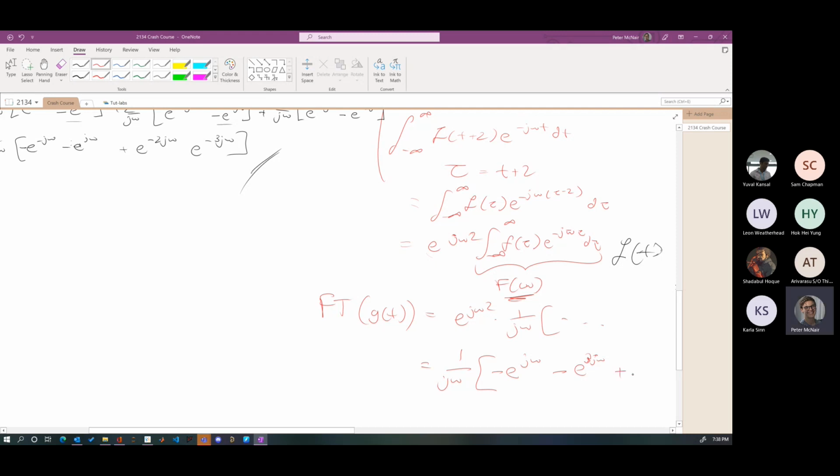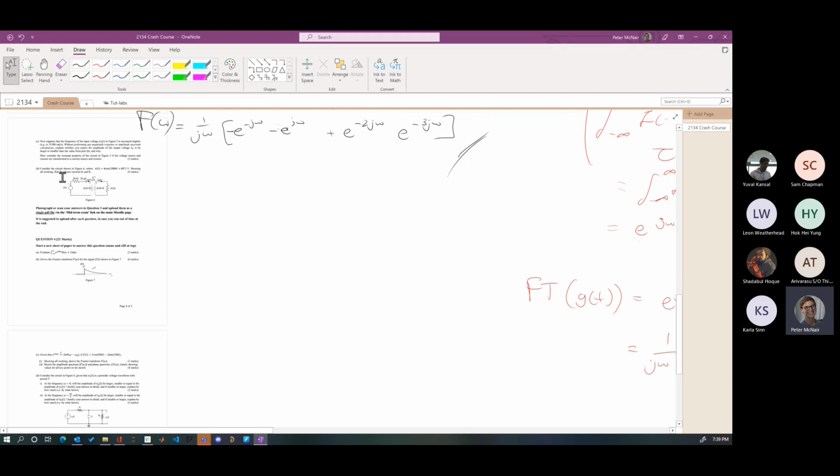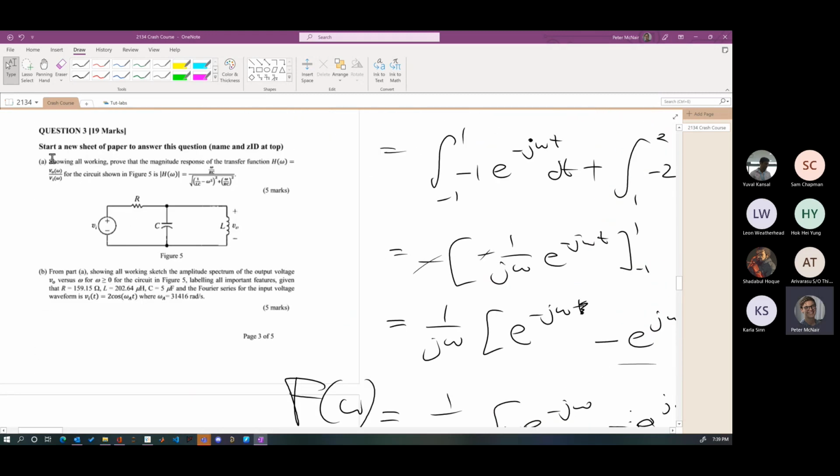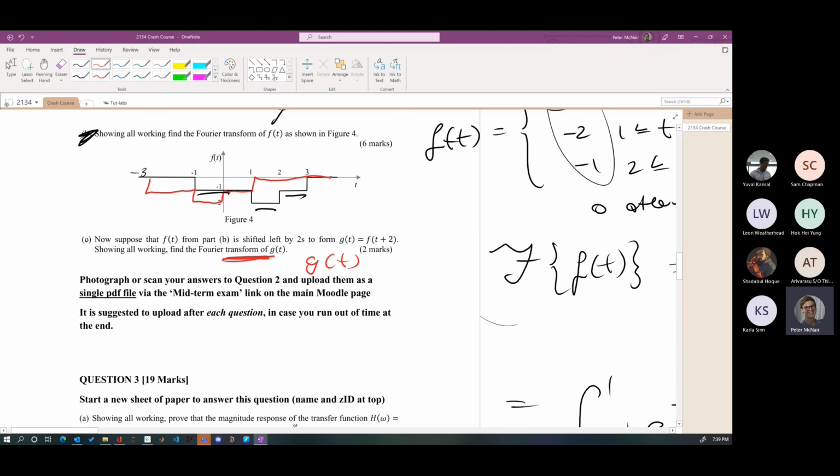And then plus 1 because they cancel, and then plus e to the minus j omega. And that is our answer. Sweet. And we can just stop here. So that's question 2 completed.